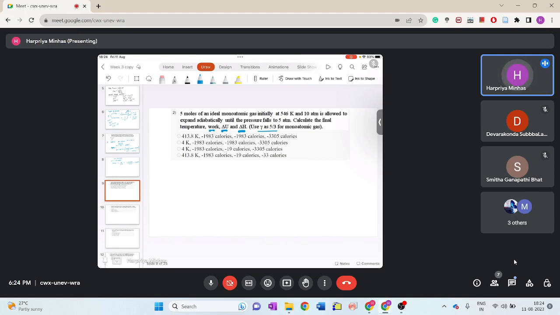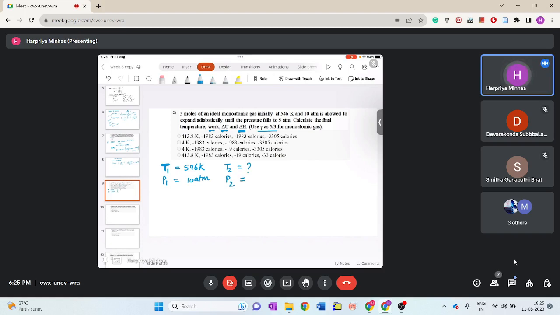So the parameters that we have are temperature 546 Kelvin and the pressure P1 that is 10 atm, and then we have to find the temperature T2 and then the pressure.